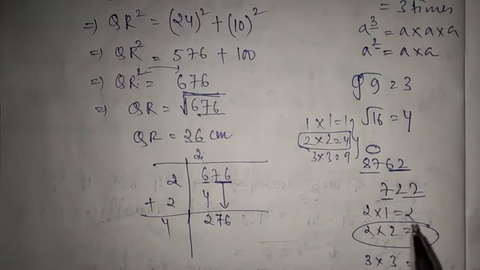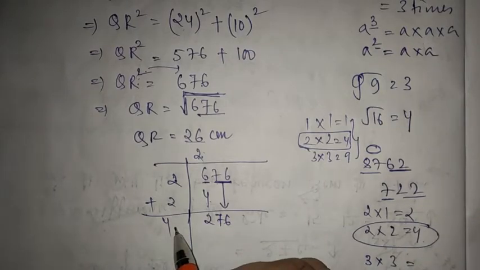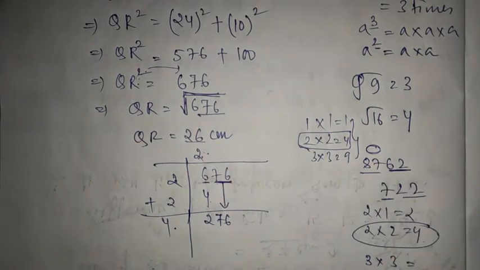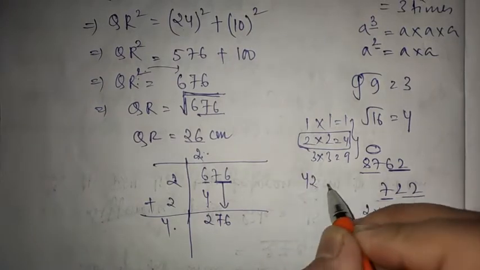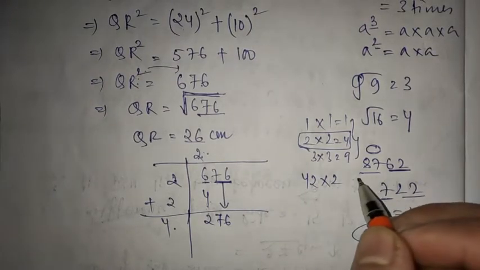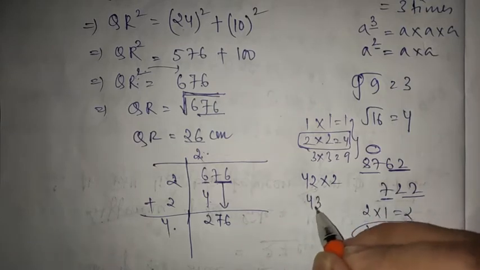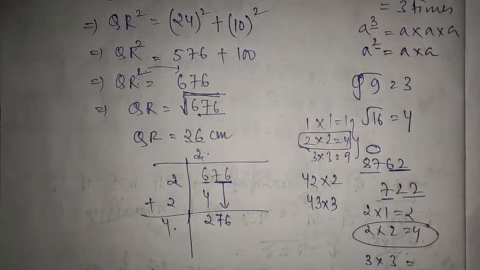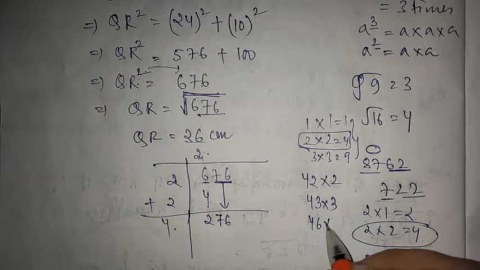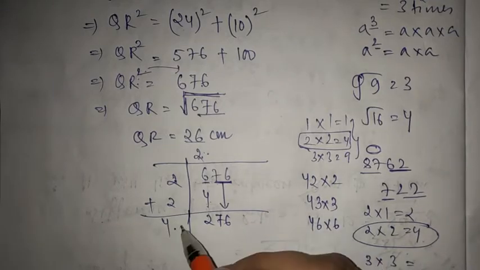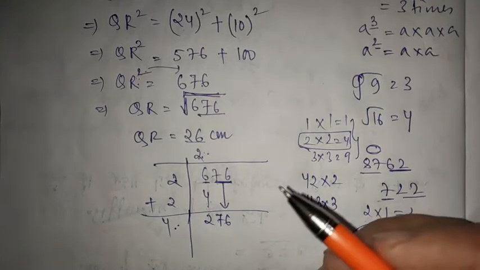Now whatever number you put, that number you have to multiply here. Suppose you want to put 42, then you have to multiply with 2 only. If you want to put 43, then you have to multiply with 3 only. If you want to put 6 here, then you will multiply with 6 only. It's your choice.